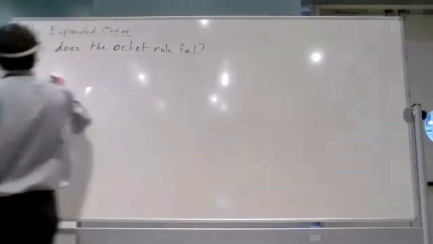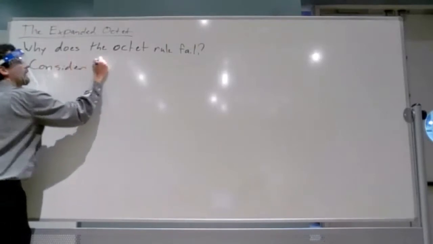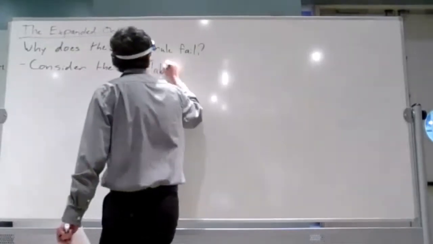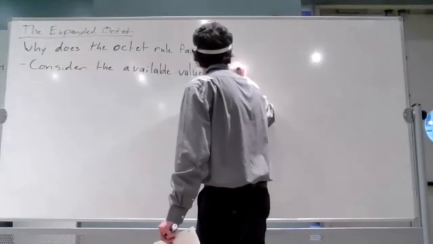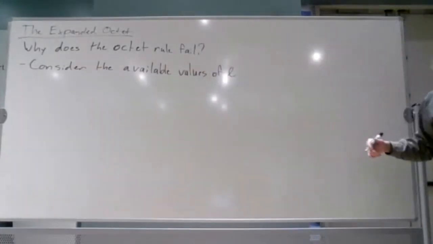So the thing we want to do is consider the available values of L, the angular momentum quantum number, for an element in the third row.